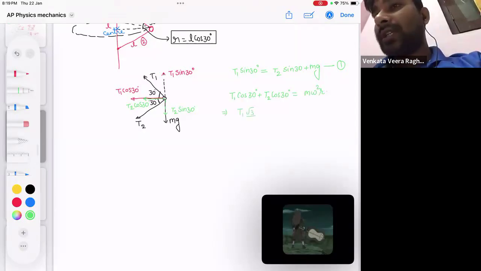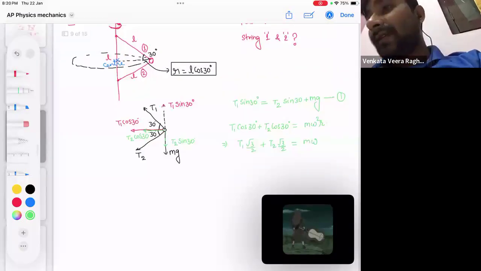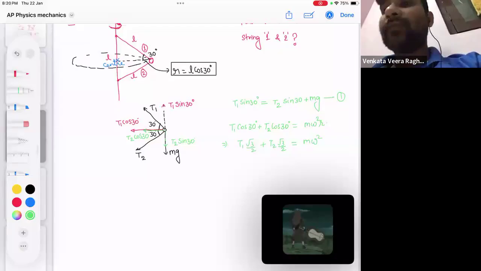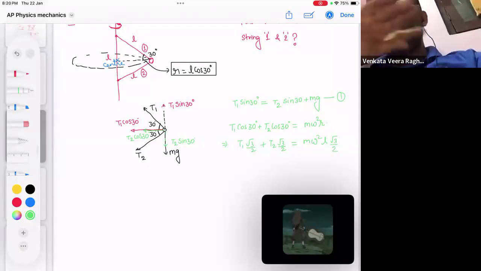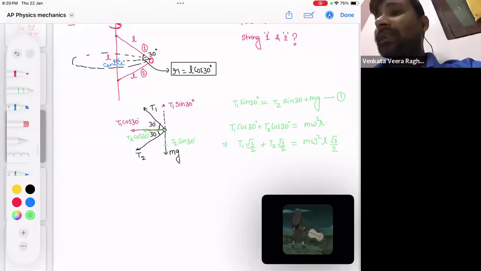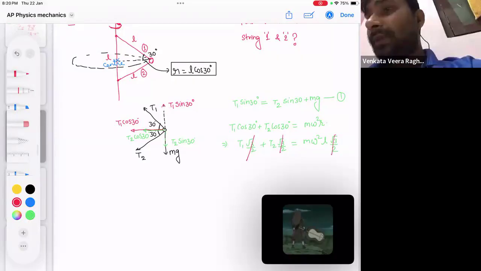T1 cos 30 is root 3 by 2, T2 cos 30 is root 3 by 2, m, omega square, where omega is given in the question, and the radius is L cos 30. If you put it here and simplify, root 3 by 2 gets cancelled everywhere. So we are getting T1 plus T2 equal to m omega square L. That is my second equation.